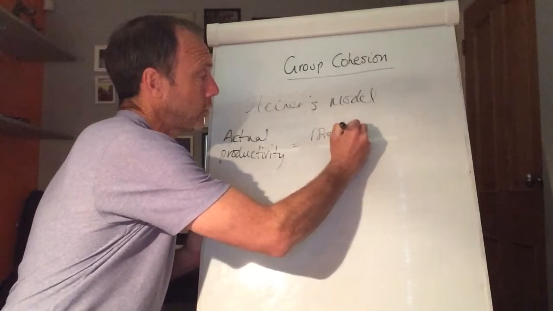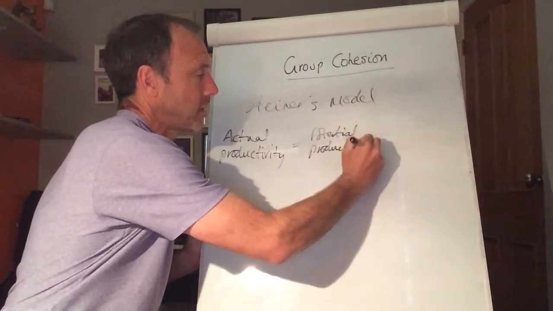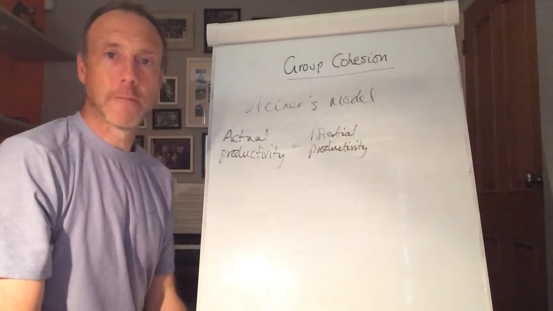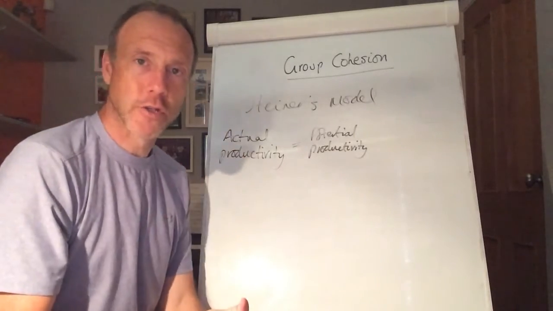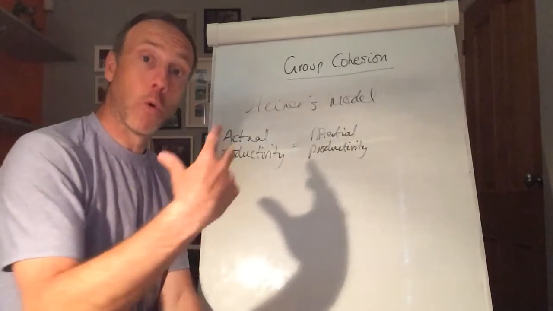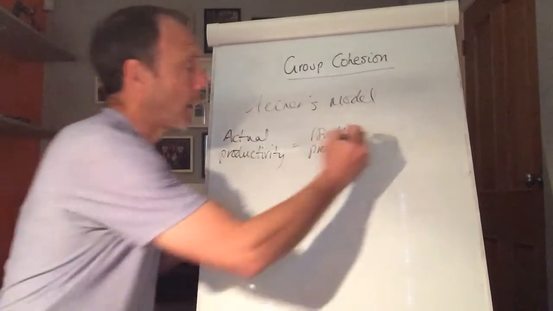Now that equals potential productivity. So potential productivity is what the team is capable of producing. If they follow the instructions to the letter, if they follow the tactics to the letter, if they perform all of those to the best of their ability, that's your potential productivity.